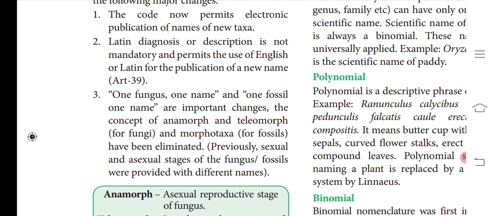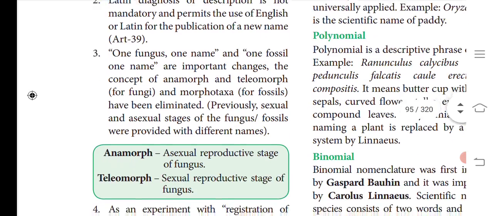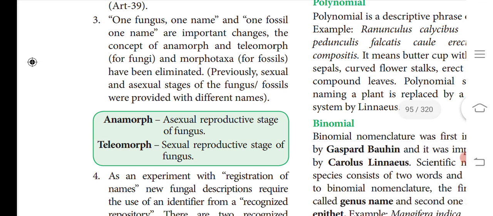Latin diagnosis or description is not mandatory. We can use the English language also. It is recently formed. One fungus, one name, one fossil, one name are important changes, and the concept of anamorph and teleomorph. Morphotaxa for the fossils have been eliminated. Anamorph and teleomorph is included.